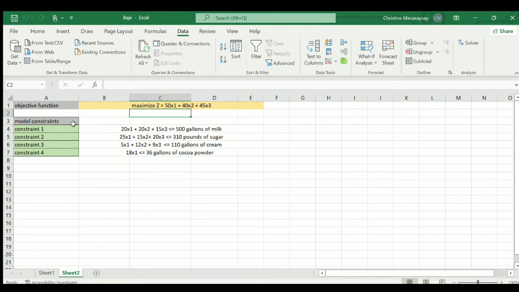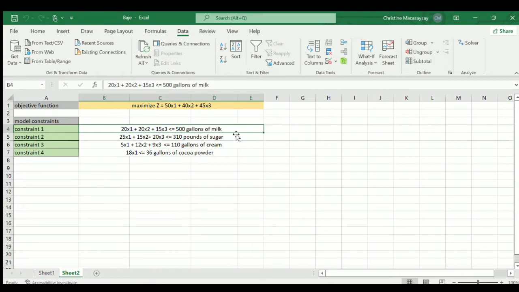So, for the model constraints, constraint 1 is 20x sub 1 plus 20x sub 2 plus 15x sub 3 less than or equal to 500 gallons of milk. This is the given data that the company has to meet.